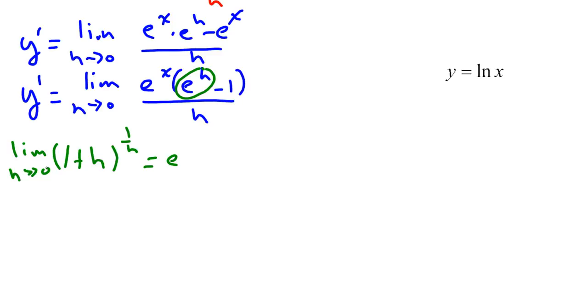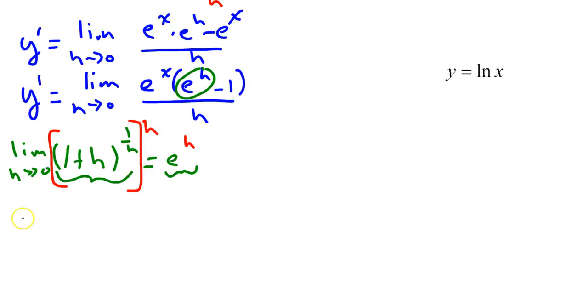Well, wait a minute. What happens if I take this expression right here and I take the e? Well, isn't it true that what you do to one side, you have to do to the other? And as long as that holds true, I can do whatever I want. So what I'm going to do is raise both sides to the power of h. Okay?